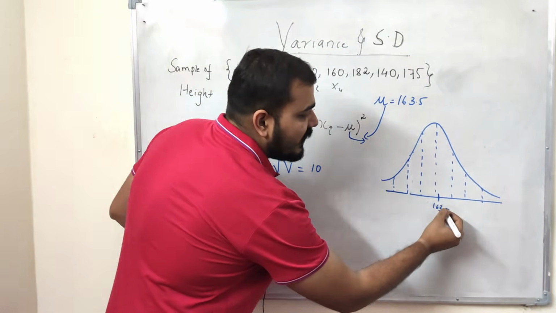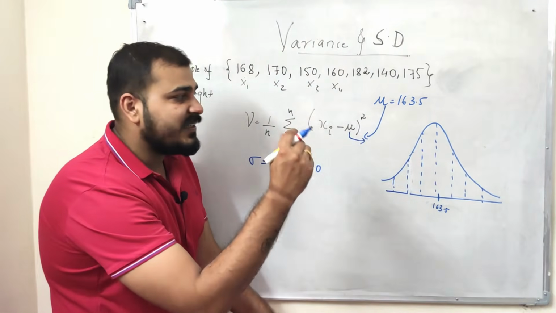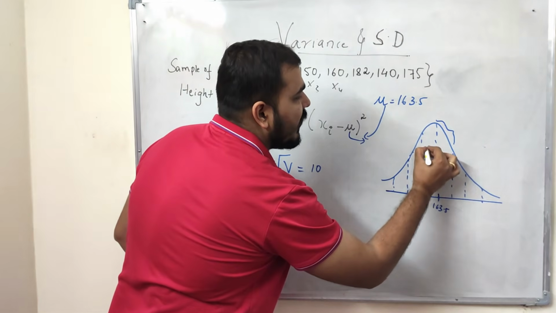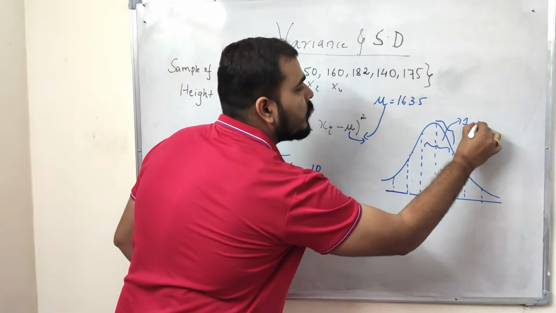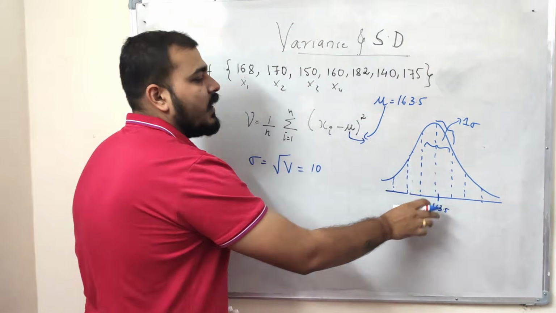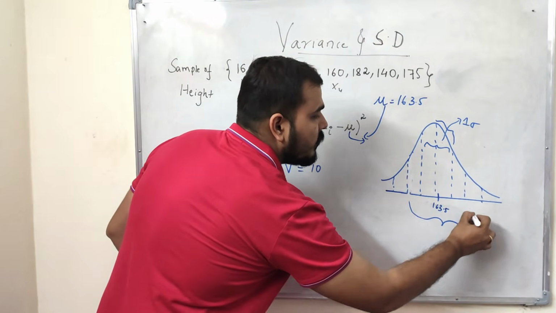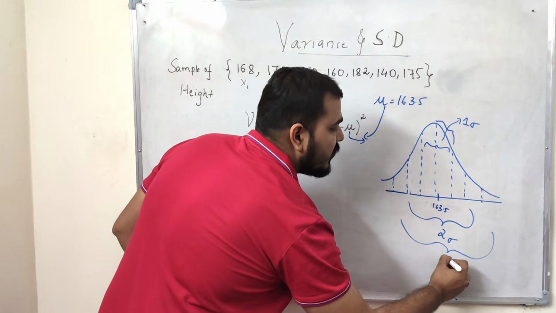So what this says is, if I go to the right hand side of this mean, this is my one standard deviation. One standard deviation to the right, one standard deviation to the left. Similarly, this is my 2 standard deviation, and this is my 3 standard deviation.